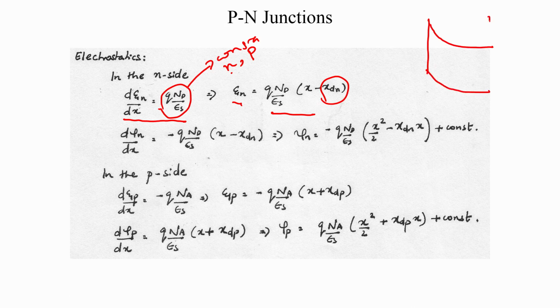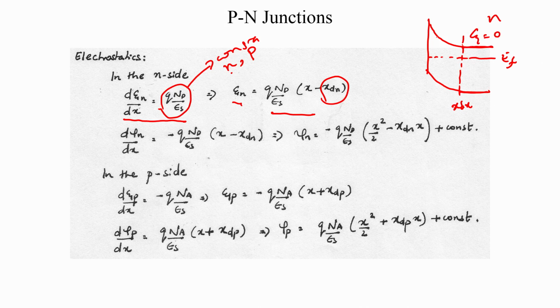That's only the n side of it, and that's your Fermi level. And we say that at x equal to xdn, all the band bending has stopped and the bands have become flat, and therefore at this edge the electric field is 0.